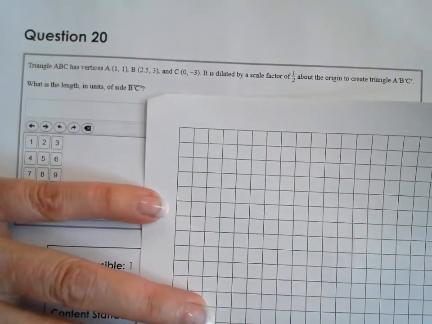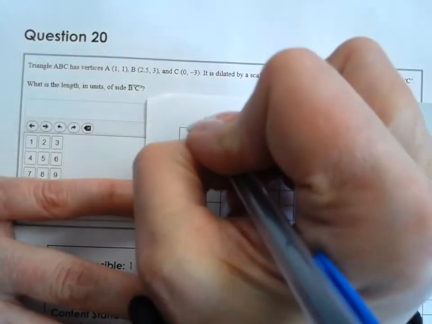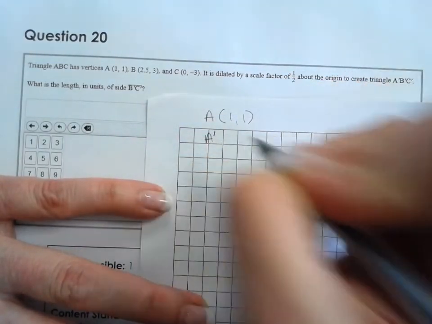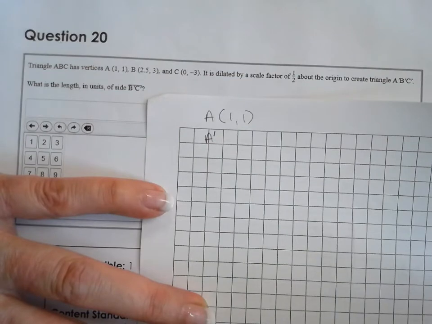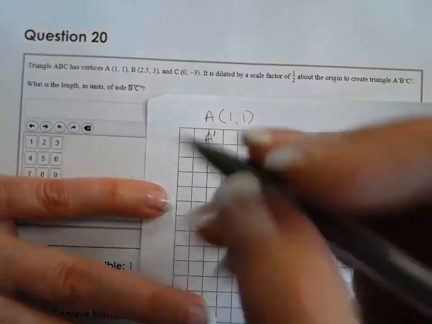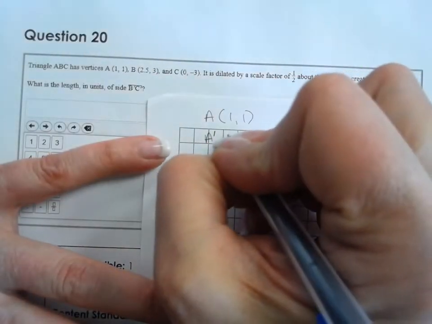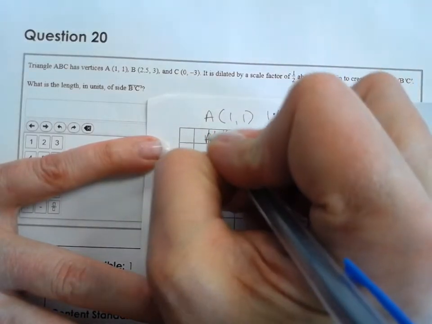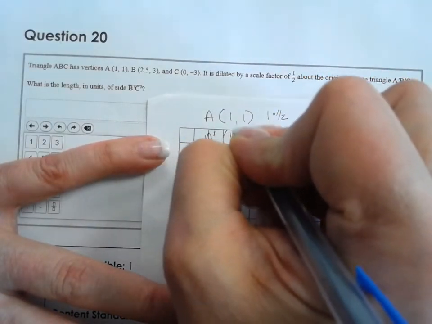First of all, if I have A at 1, 1, how do I find the points for A prime? Why is it 0.5? You're correct, but why is it 0.5? Because you multiply both of the points. So I would have 1 times 1/2, and so I would have 1/2, 1/2.